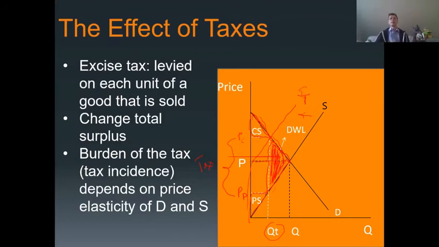If you want to find out how much per unit of the tax the consumer pays, you use the equilibrium, your original equilibrium, as your dividing line.